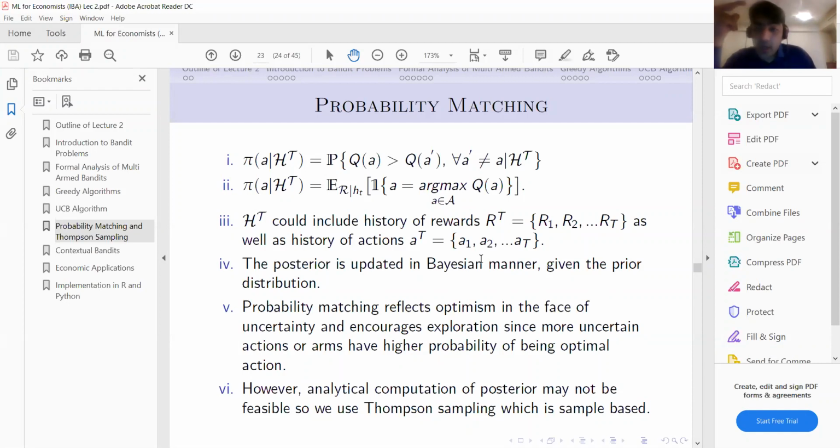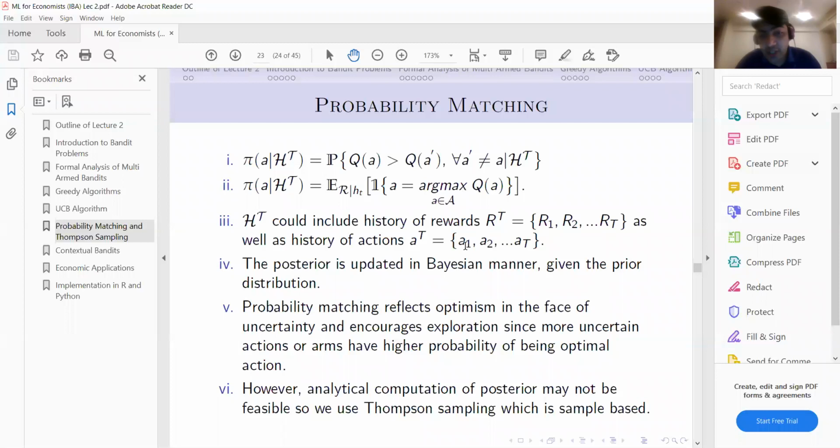One is the actions, because you know what action you took at time A1, A2, A3, and so on. You know the entire history of actions that you've taken so far. A1, for example, could be that I chose the first bandit, and A2 could be that I chose some other arm, and so on. So I know this history of actions. I also know the history of rewards.